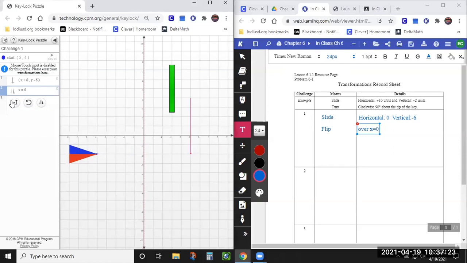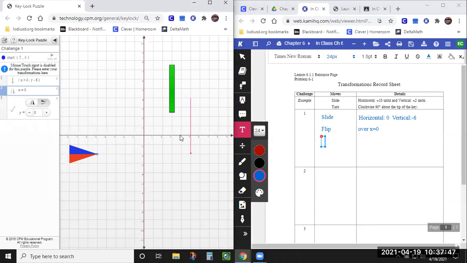Are we done? Not 0, 5. X equals 0. Are we done? No. So what do we need to do? What do we still need to do? We need to flip from top to bottom. Okay.